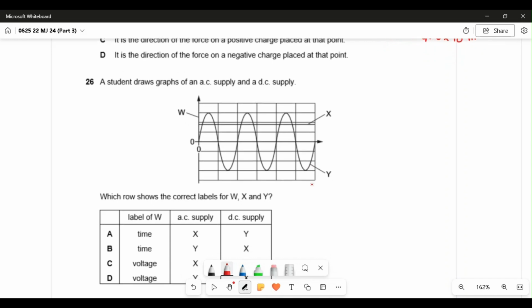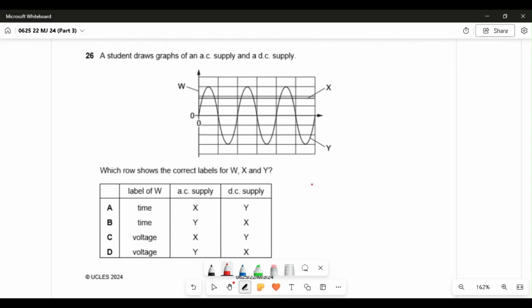26. A student draws graphs of an AC supply and a DC supply. DC supply is a direct current, and direct current, when it continues, moves straight with the same value until the power supply is working. And this one is the voltage axis, and this one is the time axis.